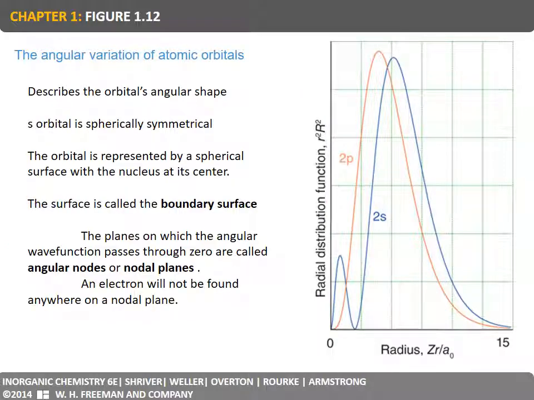Next comes the angular variation of atomic orbitals. All this is a description of atomic orbital shape. As we know very well, an S orbital has a spherically symmetrical shape. Basically, it has the same amplitude at a given distance from the nucleus.